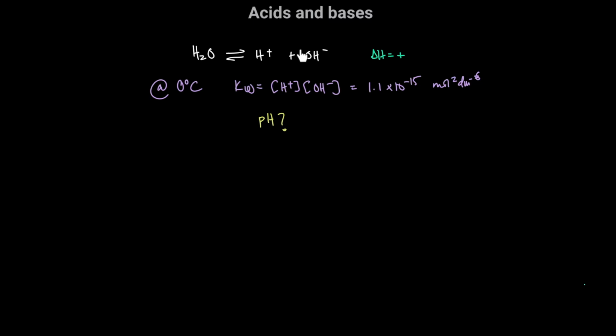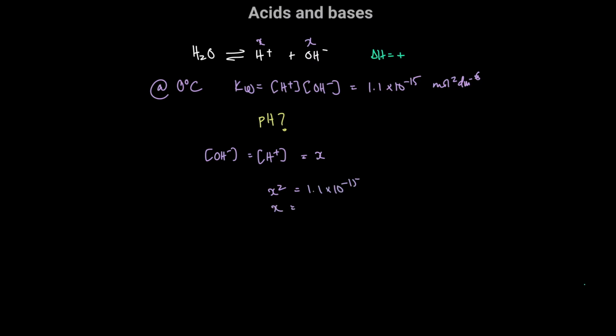A similar idea here. We know that the concentration of H+ will be equal to the concentration of OH-. Let's just call that x. So x^2, that is H+ times OH- concentration, is equal to 1.1 x 10^-15.